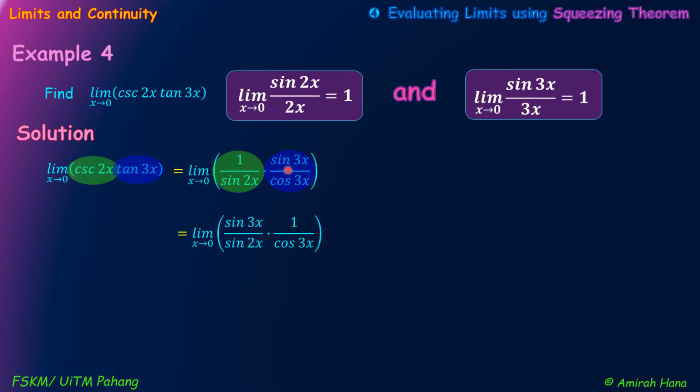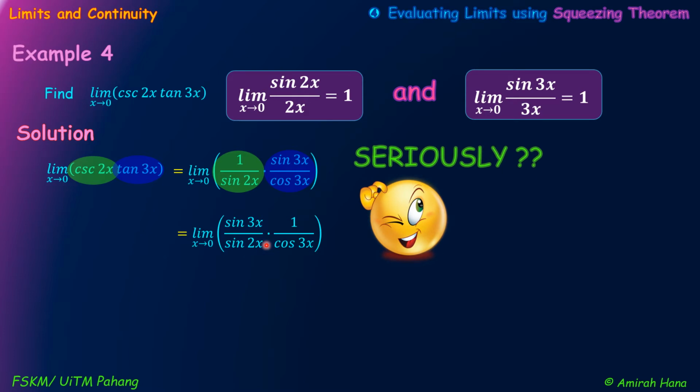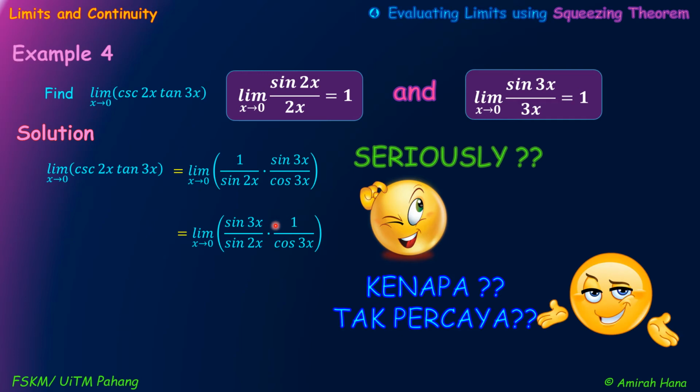So we just exchange 1 and sine 3x like this, so that we can combine the sine functions in the same fraction. Seriously? Are you sure we can simply exchange 1 and sine 3x just like that? Kenapa? Tak percaya?